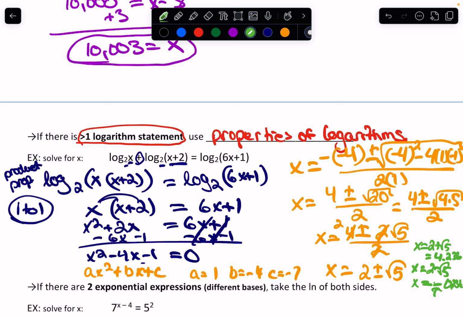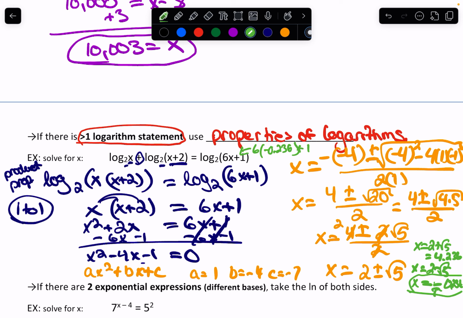And if we plug this back in, for example, here, so 6 times negative 0.236 plus 1 would be a negative, right?